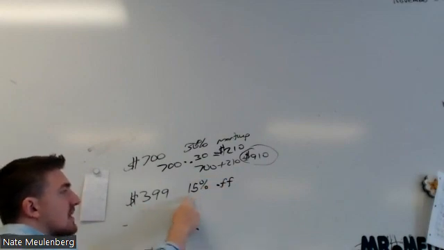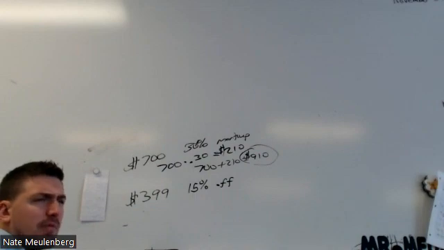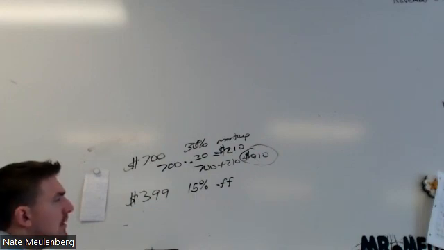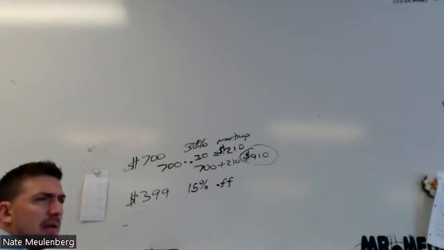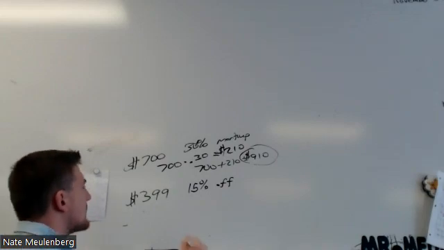Sale price, you do the same thing, but you subtract instead of add at the end. So if you have 15% off of 399, what's 399 times 0.15? I might be way off. 59.85. That sounds right.